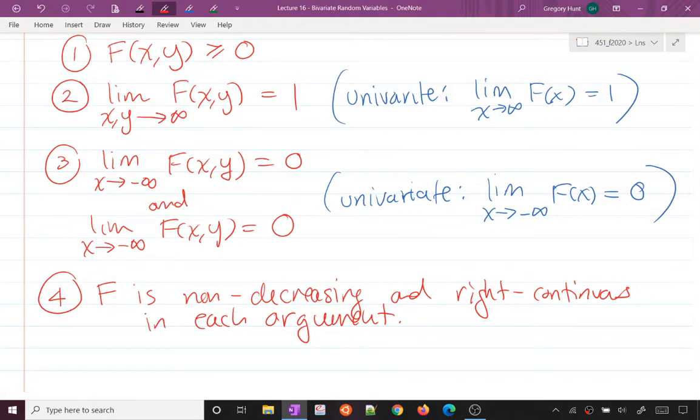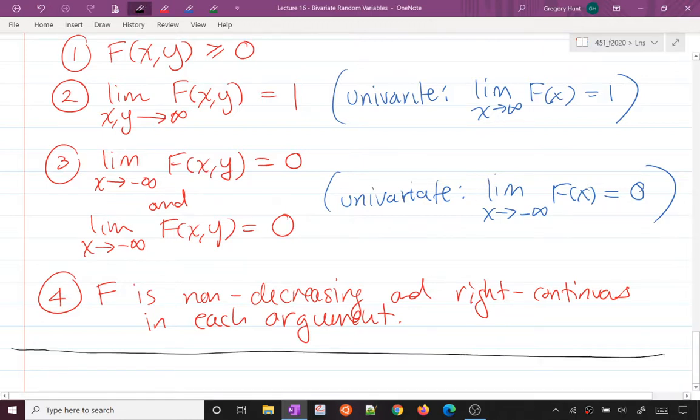This is analogous very directly to the univariate case, where the univariate CDF was non-decreasing and right continuous. And in this case, we just say it's true: if I fix one of the arguments and change the other one, it'll be non-decreasing and right continuous in either of the arguments. So nothing too groundbreaking there, but a nice feeling that these same facts that were true in the univariate case also generalize to the bivariate case here.